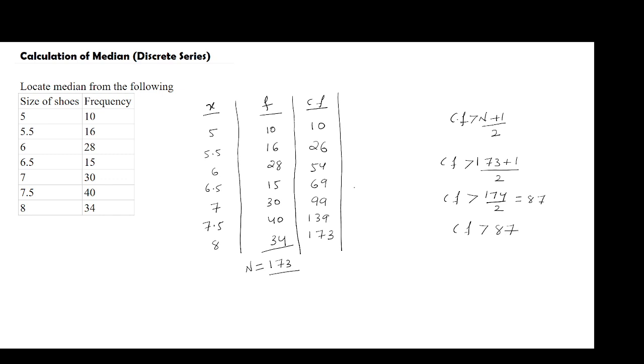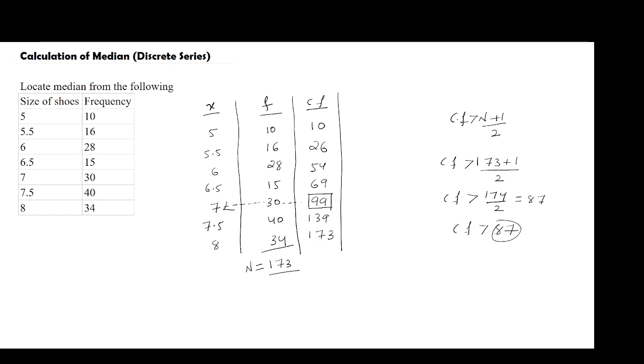Now what do we do? We go back to the cumulative frequency column and check for the value which is greater than 87. That value is 99. So the cumulative frequency which is greater than 87 is 99, and the corresponding value of the variate, the x value, gives the median.